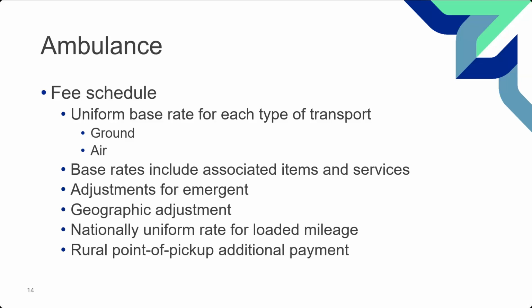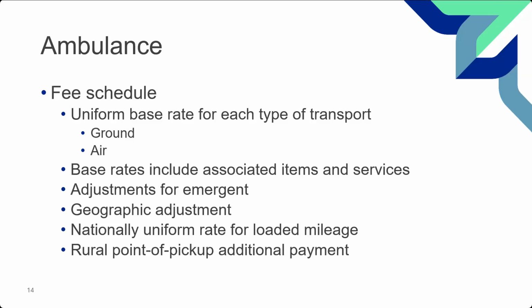Then they also have air, and air isn't broken out by emergent and non-emergent. Air is broken out by the type of aircraft used, whether it's a fixed wing or a rotary wing or a helicopter. So that's how air is broken out. But each one will have a specific base rate that incorporates the basic things, and then again, the adjustment for the mileage, or the second billable code for the mileage.